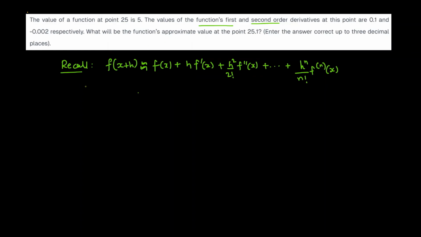We are given that the value of the function at the point 25 is 5, the derivative at 25 is 0.1, and the double derivative at 25 is negative 0.002. Now we need to find the function value at 25.1, right?